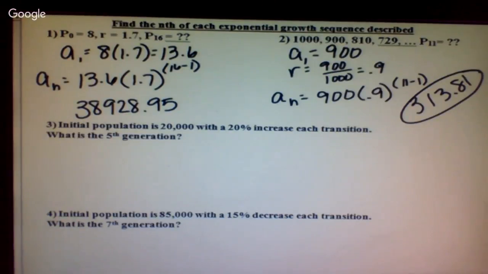Number 3. We have an initial population of 20,000 with a 20% increase with each transition. What is the 5th generation? Okay, I need an R. 20% increase. 1.2.